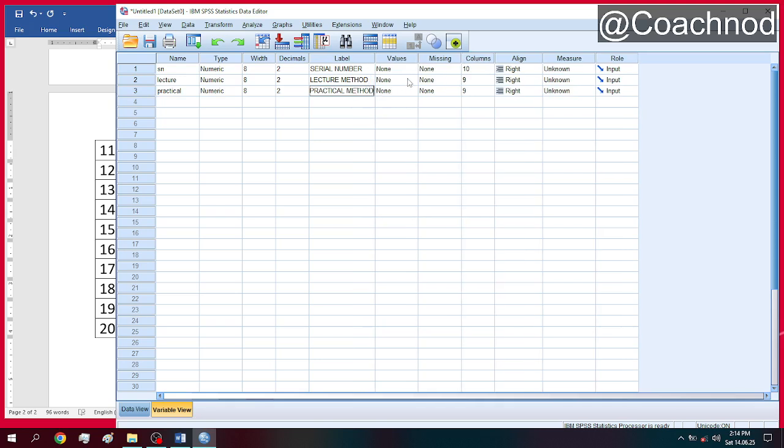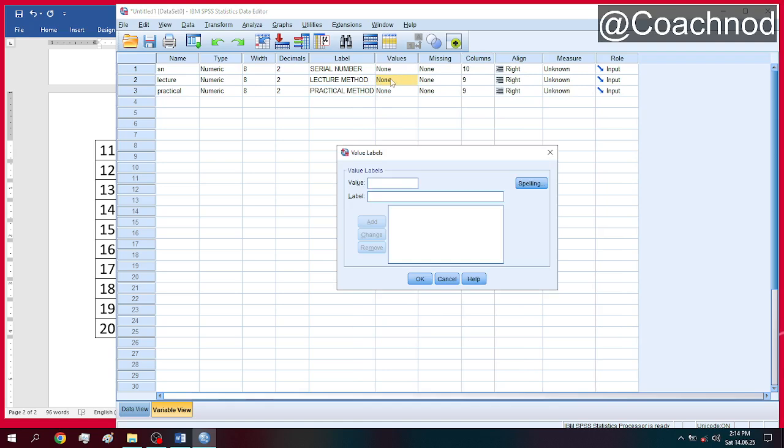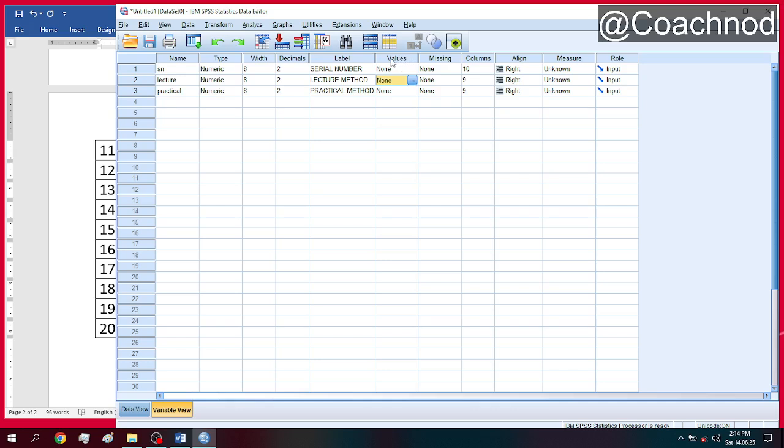So now, all this one you didn't need to put. All these ones, variables, no, let it be none. They are ratio, they are continuous data, they are in numbers. So we don't need to label it. There's no labeling for it.